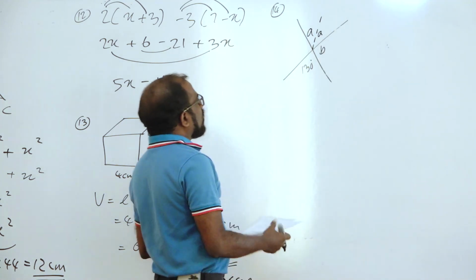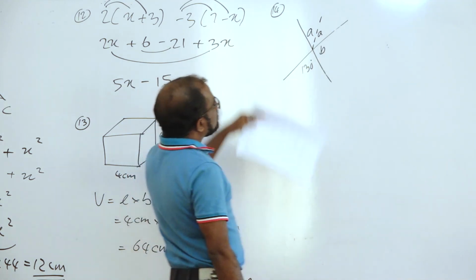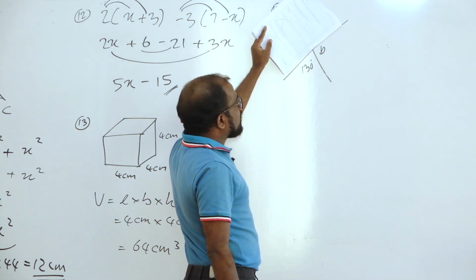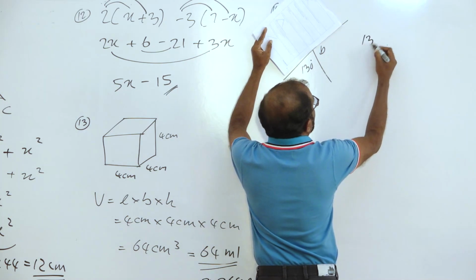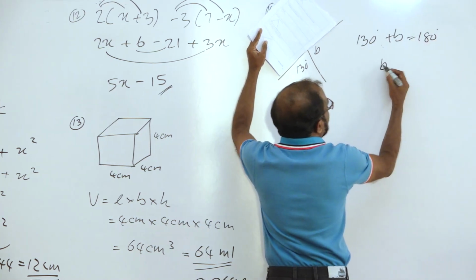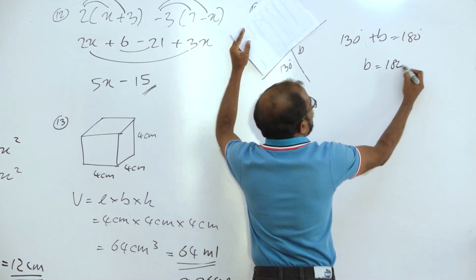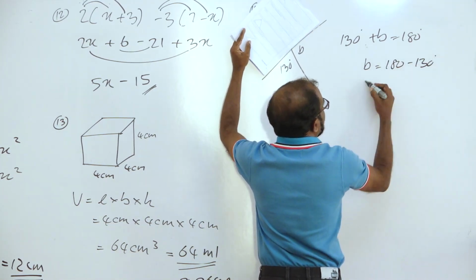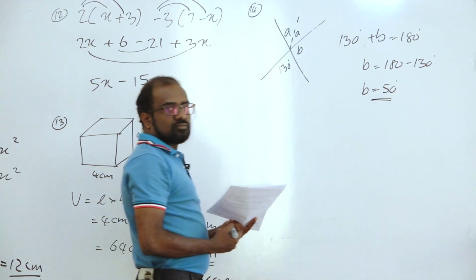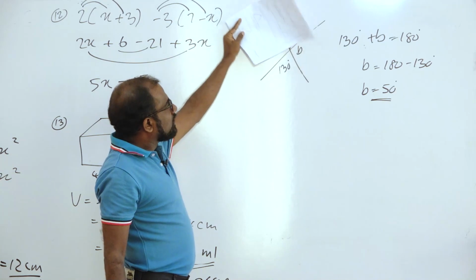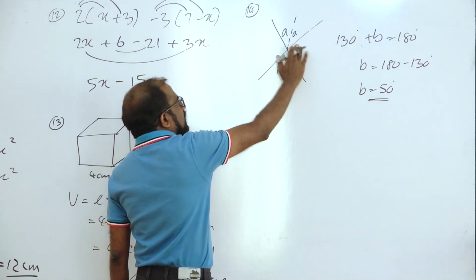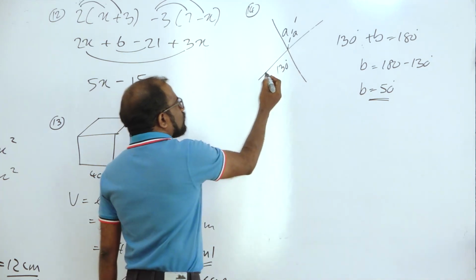So how much is B? Angles on a straight line. Straight angles sum up to 180. 130 plus B equals 180. And how can you get the value of B? 180 minus 130. B equals 50 degrees. Angles on a straight line. Then how can you find out A? What are these angles?